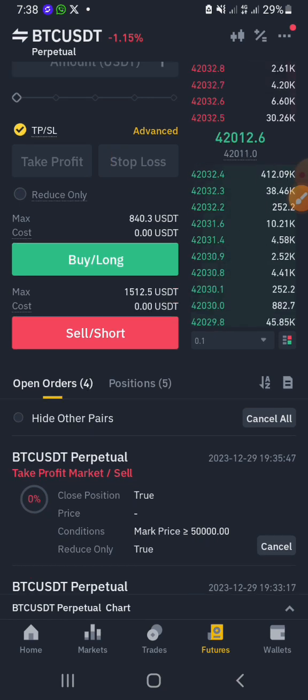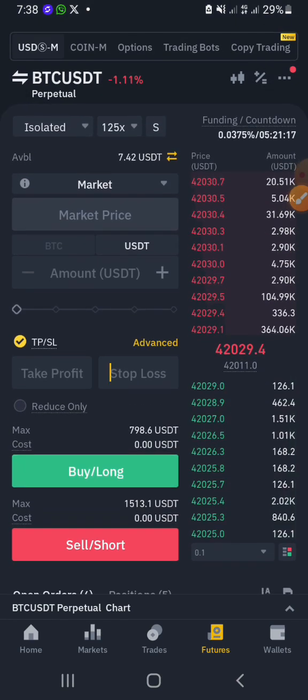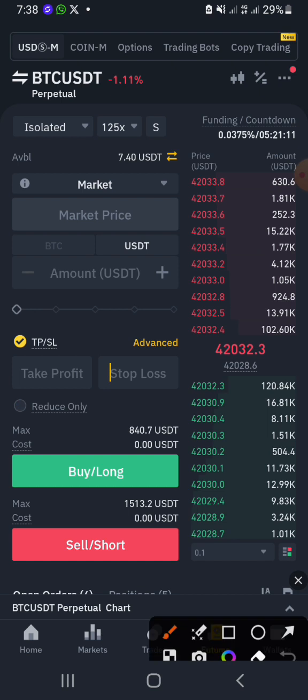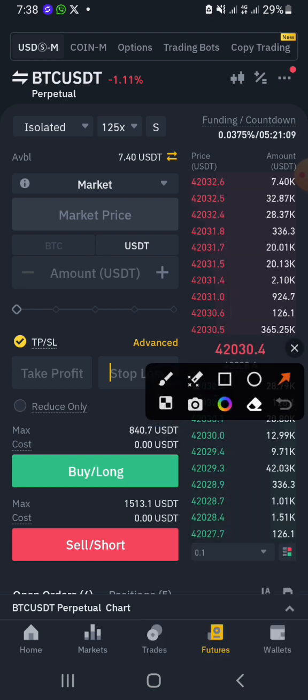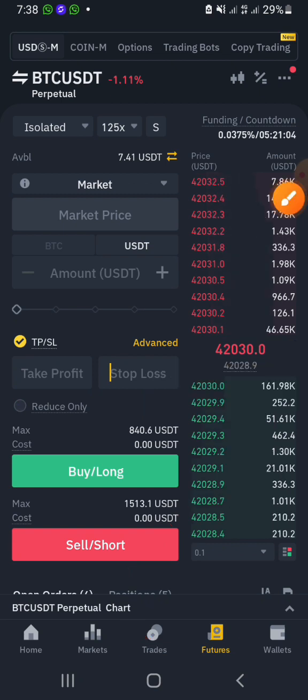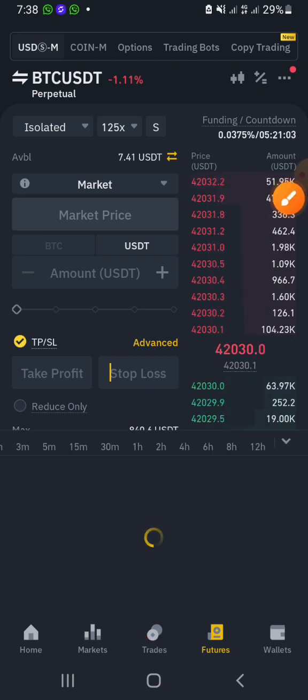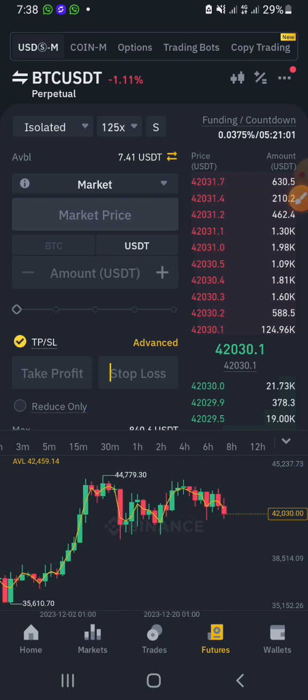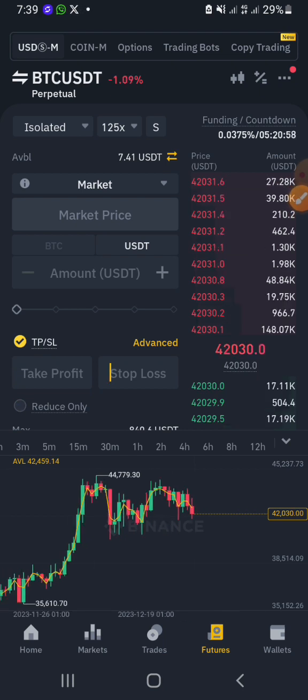Now, for instance, you are currently in a trade and you want to look at the chart of the trade you are currently on. All you need to do is come over to this section where you see BTC chart. Once you click on it, it's going to give you a short chart of the trade currently.